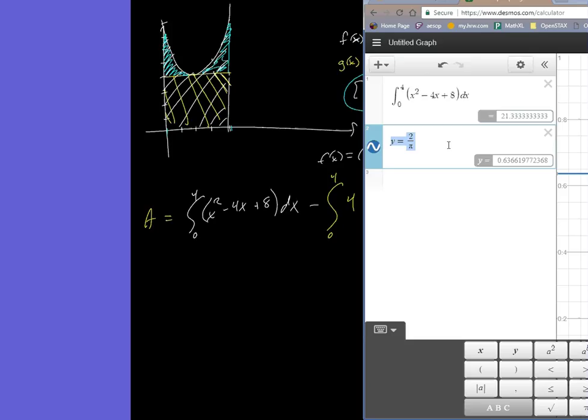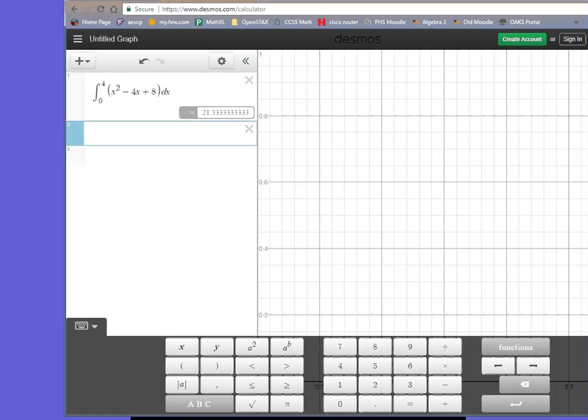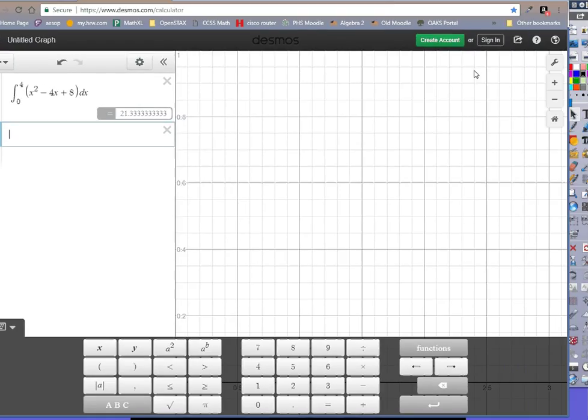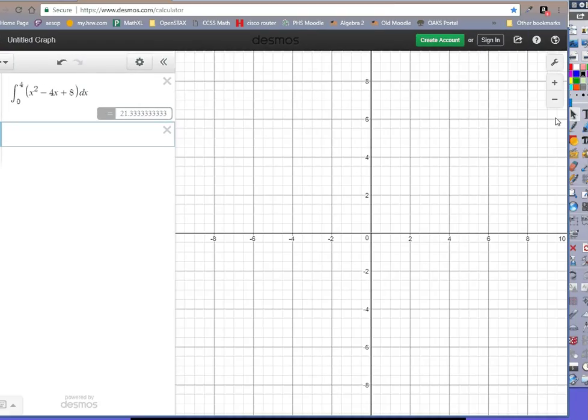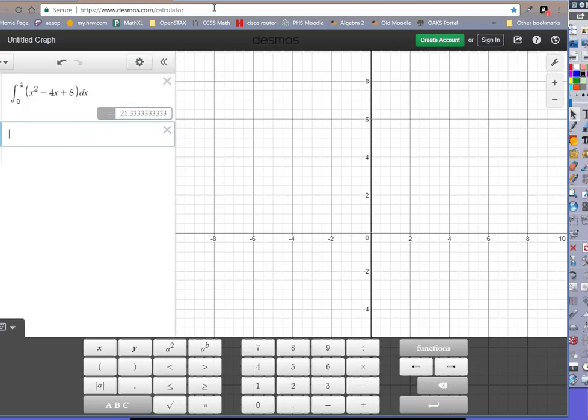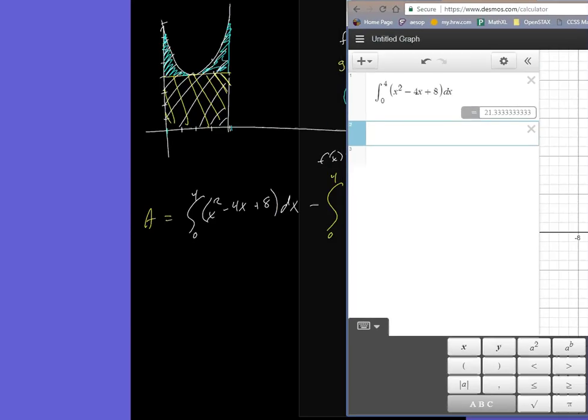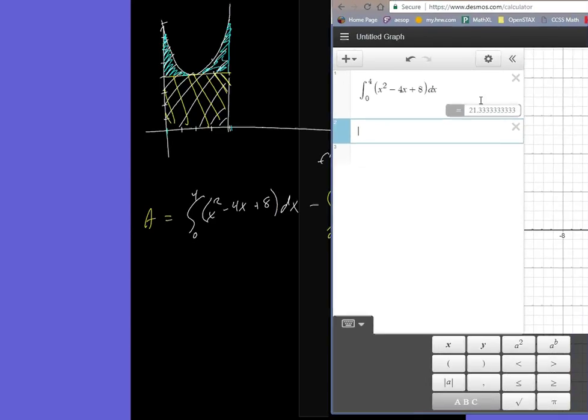And then down here we can just do the integral. What does that show up like? Oh, it doesn't show us anything on the graph though. Gives us an answer though. They're just under miscellaneous on functions.